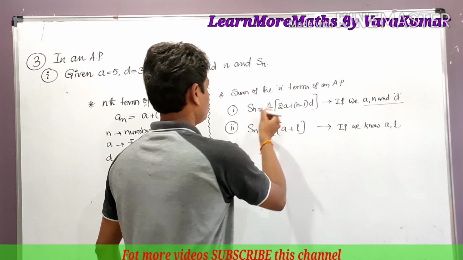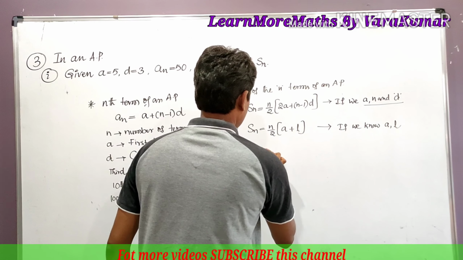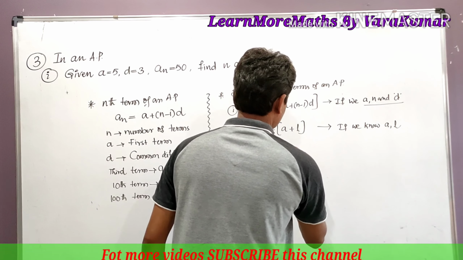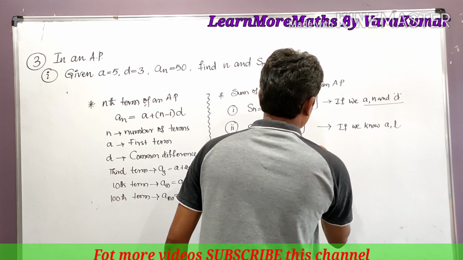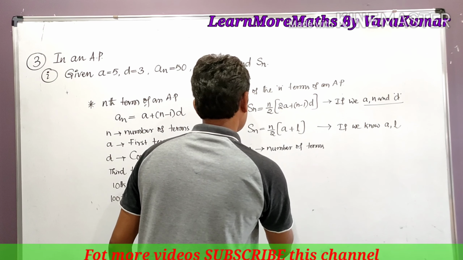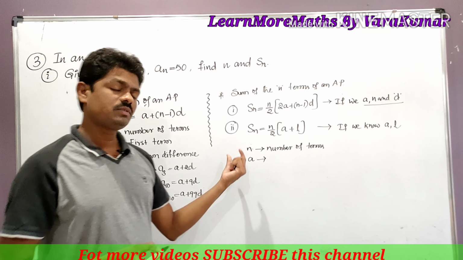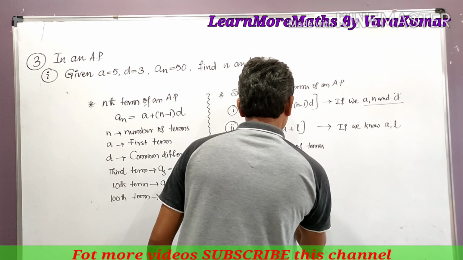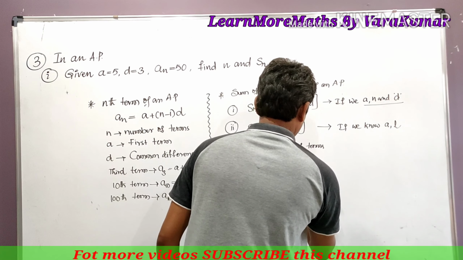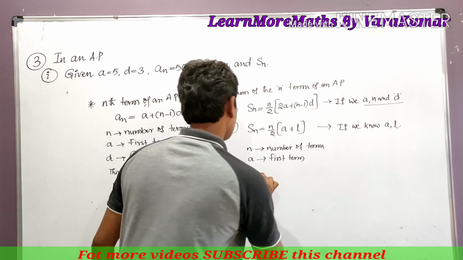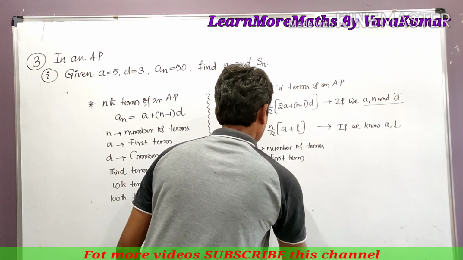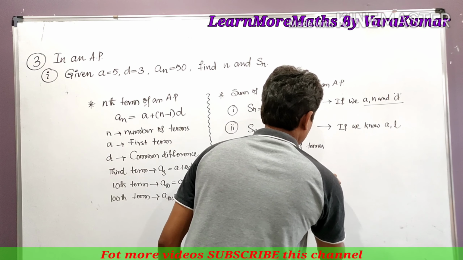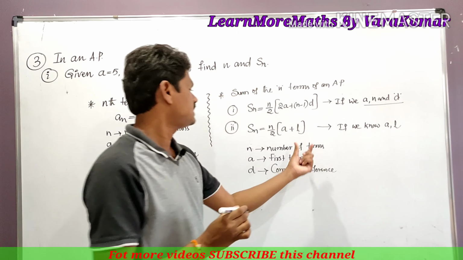In these two, just see what n is. n is the number of terms in both the formulas. a is the first term. Sometimes a1 is equal to a, it is the first term, student. d is the common difference, and l is the last term.